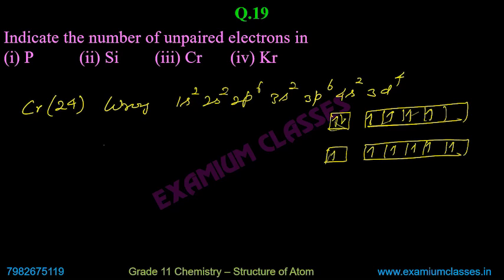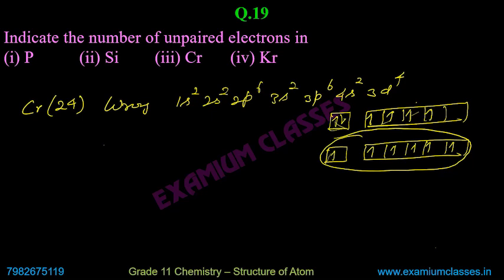Instead of 4 unpaired electrons, it actually has 6 unpaired electrons, and that's why it has greater paramagnetic character as compared to its theoretical value. Normally, paramagnetic character depends on the number of unpaired electrons. If we consider only 4 unpaired electrons, its paramagnetic character will be something, but in reality its paramagnetic character is higher because of this exception.